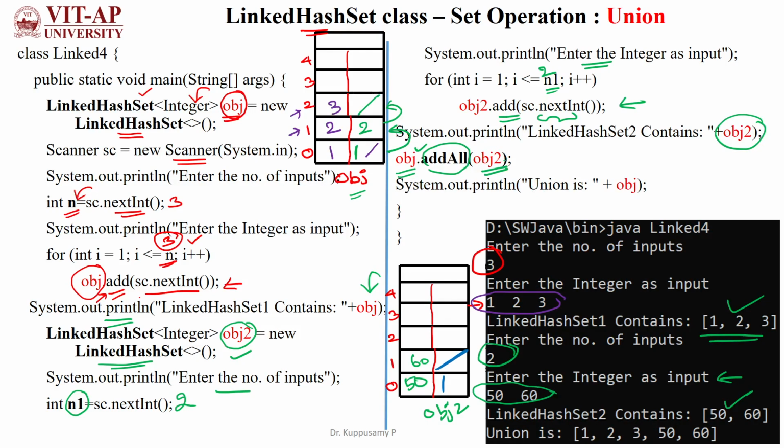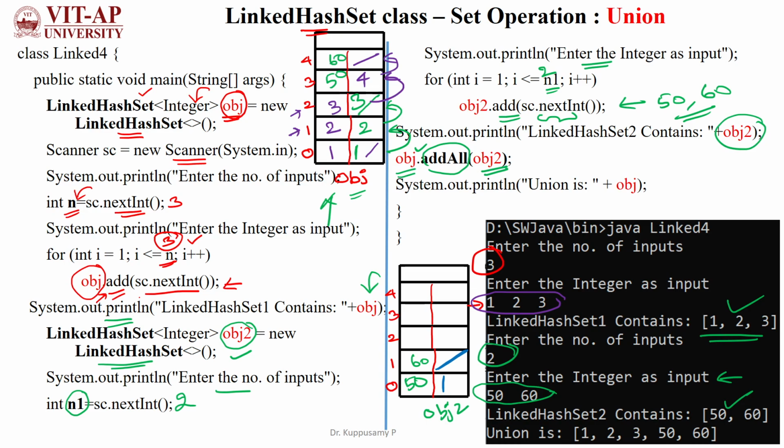Already obj has 3 elements, 1 2 3, and now we add all the elements available in obj2, that is 50 and 60, into obj. So we add 50 here and 60 here. A link also will be created to the next element, here 3, and another link is created for this one, and 60 has the null. So the link is created like this.